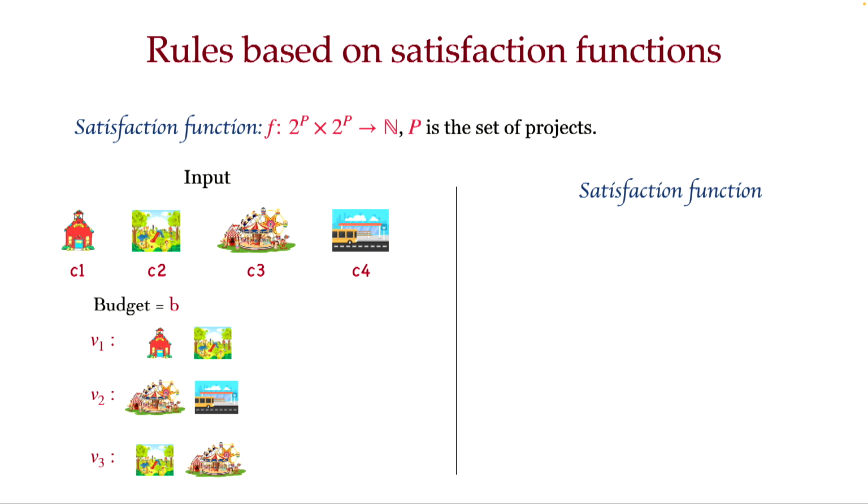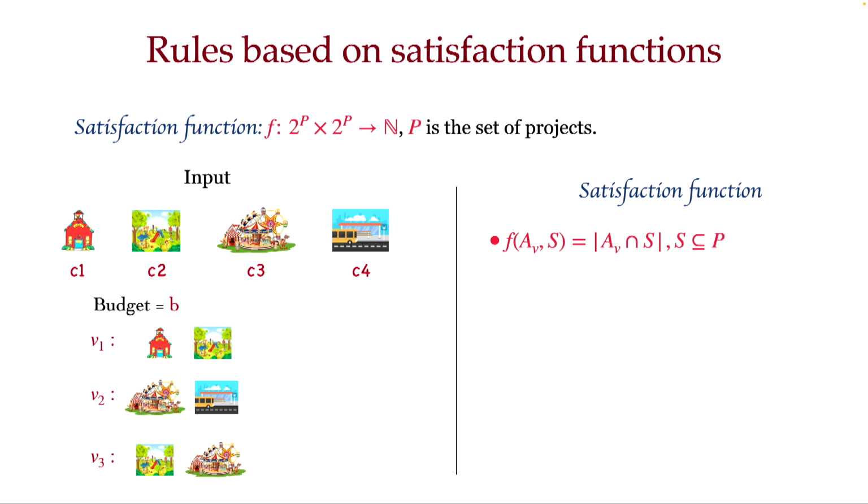Now, what are the possible satisfaction functions? So, this is what I was telling. A_V is the approval set of voter V, and S is a subset of projects.